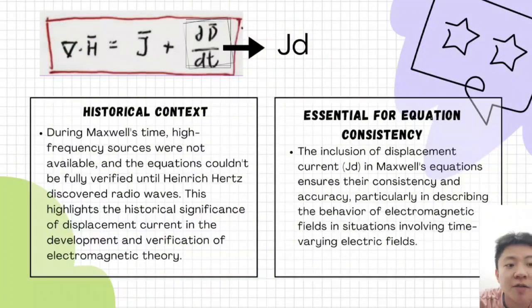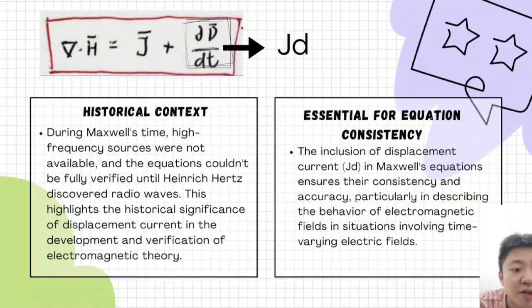Now let's look at the historical context of this equation. During Maxwell's time, high-frequency sources were not available, and the equations couldn't be fully verified until Heinrich Hertz discovered radio waves. This highlights the historical significance of displacement current in the development and verification of electromagnetic theory.